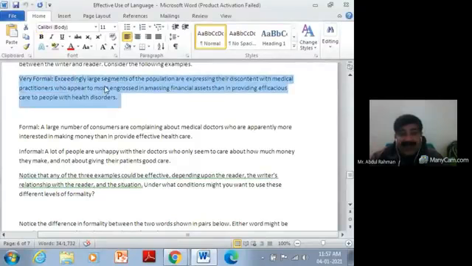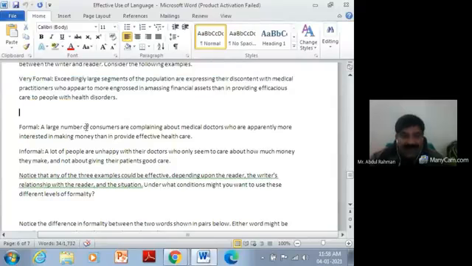Exceedingly large segments of the population are expressing their discontent with medical practitioners who appear to be more engrossed in amassing financial assets than in providing efficacious care to people with health disorders, right? Very formal, where most of the words seem heavy, seem alien.